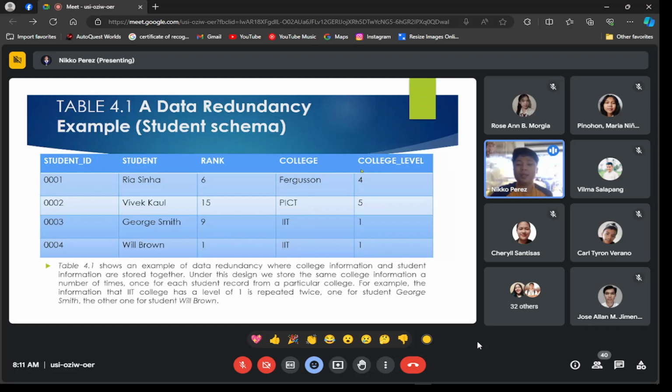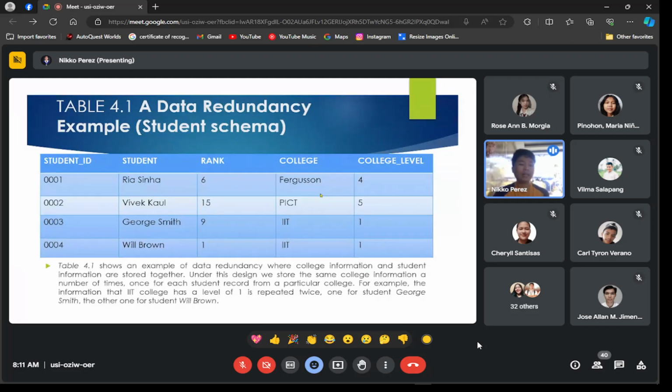Same with Ferguson. So this simply means that this design is not the appropriate design for our database. Because as our system grows, when there are a lot of students enrolling for the course or for the college, it will keep on having repeated values. The data keeps repeating.